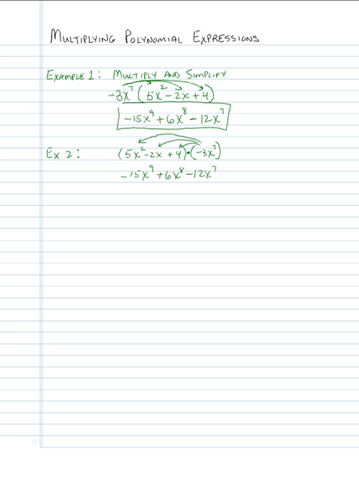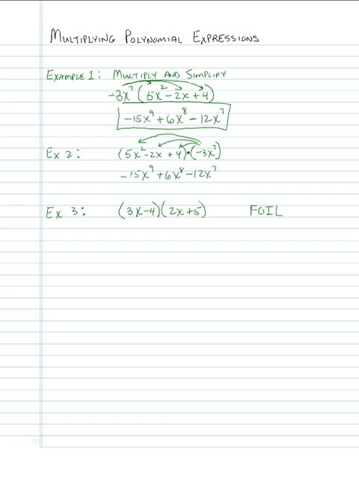Now, in the next example, we're multiplying maybe a couple of binomials together. And so we might have something that looks like 3x minus 4 times a 2x plus 5. And we know, of course, that what we call the process that we multiply this out with is FOIL.